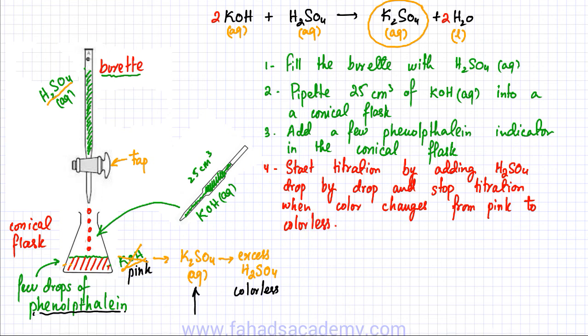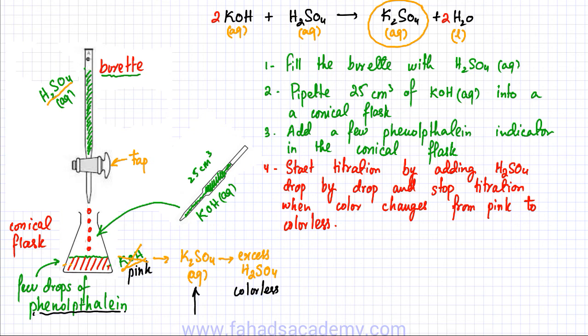That would indicate that the salt that is produced is mostly K2SO4, so you didn't add a lot of excess H2SO4. Only one tiny bit of excess H2SO4 is going to make it colorless. So that's the point when you're going to stop exactly.